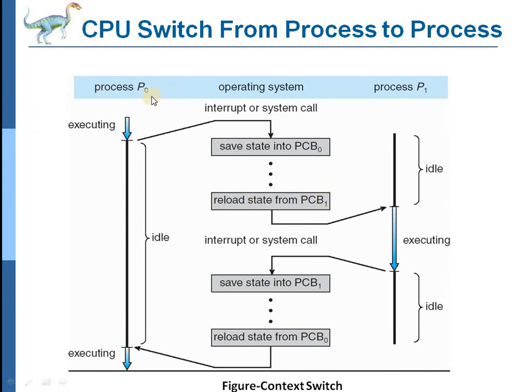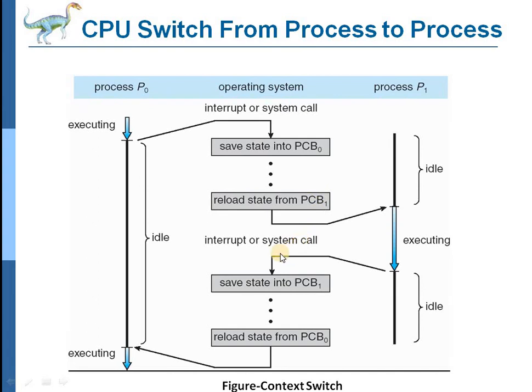All the information of process P0 is stored in PCB 0 and the related information of process P1 is in PCB 1. In short, for process P0 it's PCB 0 and for process P1 it's PCB 1.